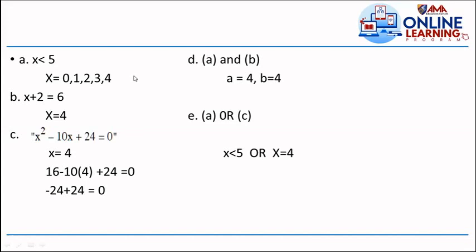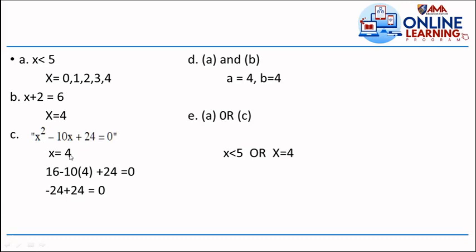Next, for statement B, x plus 2 is equal to 6. So what should be the value of our x? It should be 4. 4 plus 2 is equal to 6 to make the statement true. Next, we have letter C, x squared minus 10x plus 24 is equal to 0. The value of x should be equal to 4.